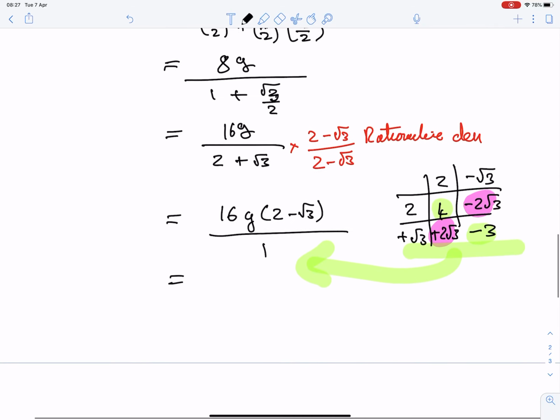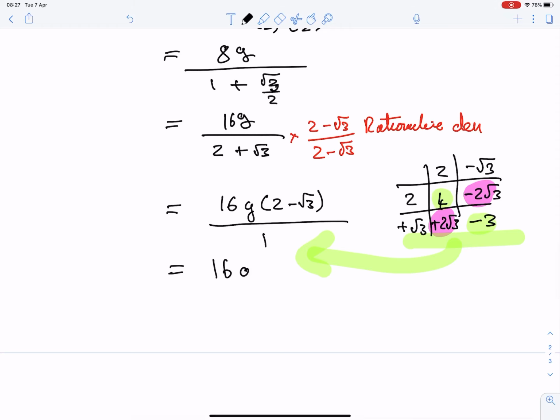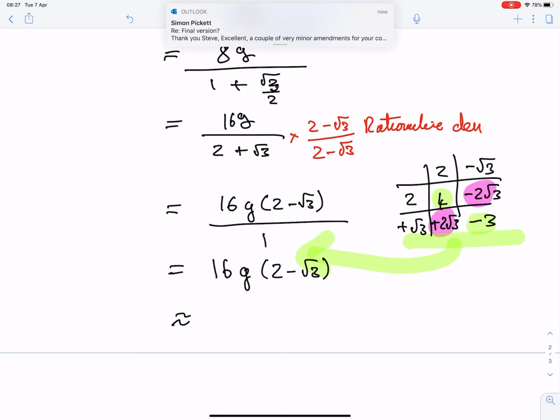P is equal to 16g lots of 2 minus root 3. You could still tap it in a calculator. That would be roughly 160 and roughly, well, it's about 0.3, just over a third, so it's going to come out to be about 50, but 40-ish probably.